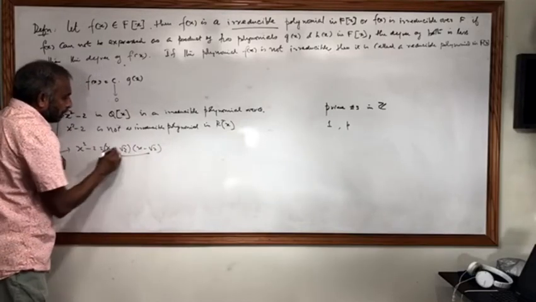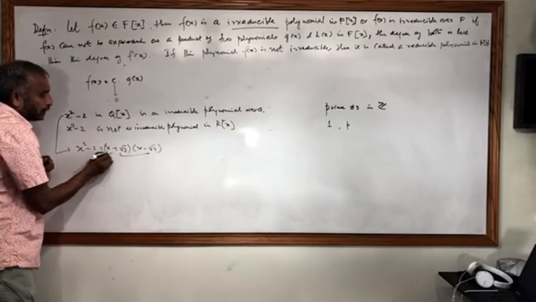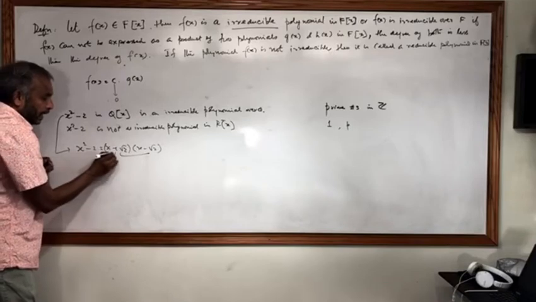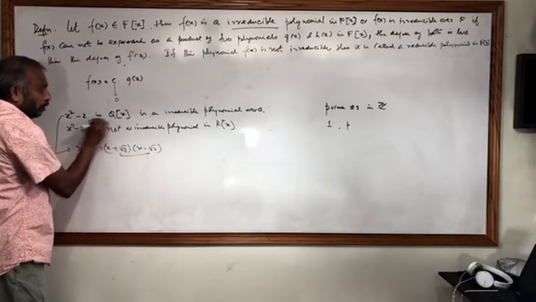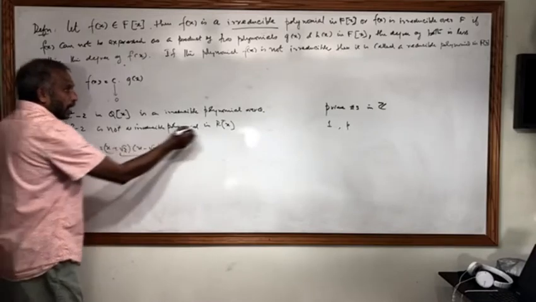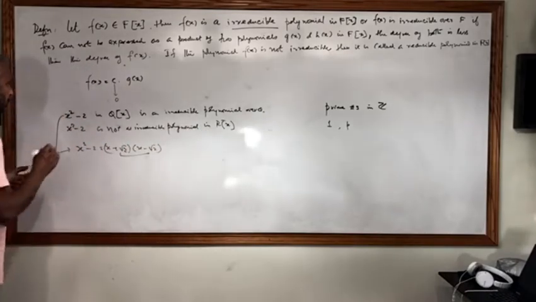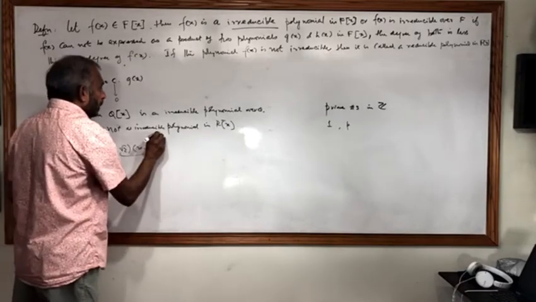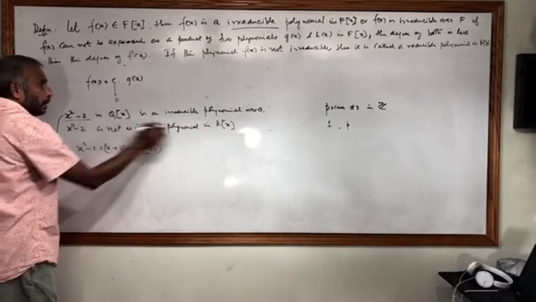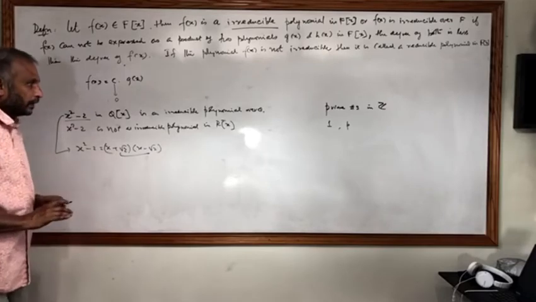These are of lower degree than this, but these are not elements of Q[x], but they are elements of R[x]. So this is an example of an irreducible polynomial in Q[x], but not in R[x].